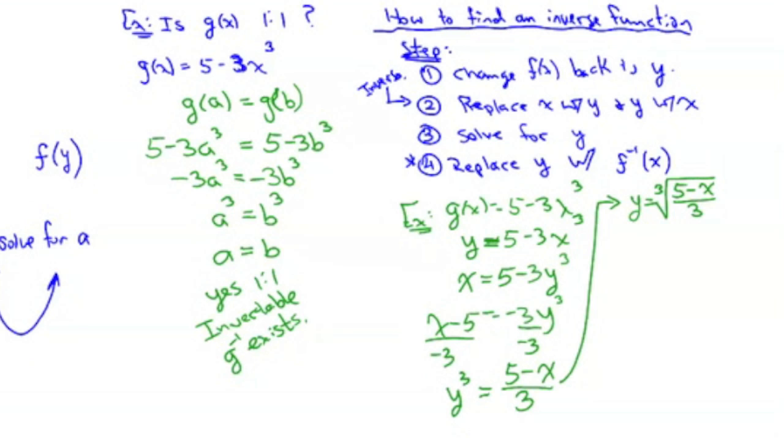In this case, what did we start with? We start with g of x. So over here we should write g inverse of x is equal to the cube root of 5 minus x over 3. And there's your inverse function.